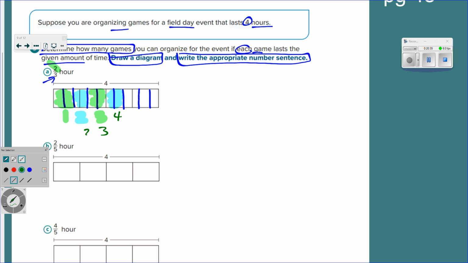We're then up to 5. And finally, 6. So how many groups of 2/3 did we have in 4 hours? 6. So now, did I determine how many games I could do? So you do 6 games.